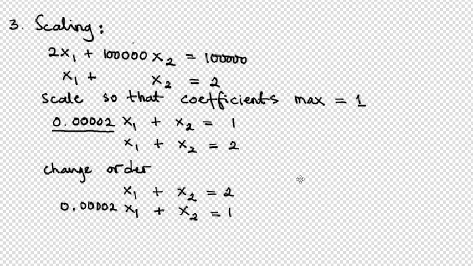And then the last way that you can do is by doing scaling. Suppose I have this linear equation, and then it is better to change the equation, or we normalize the equation so that the maximum coefficient will be equal to 1.